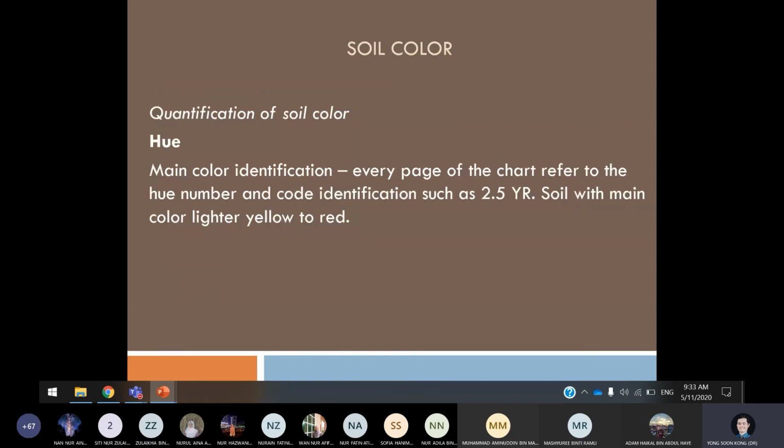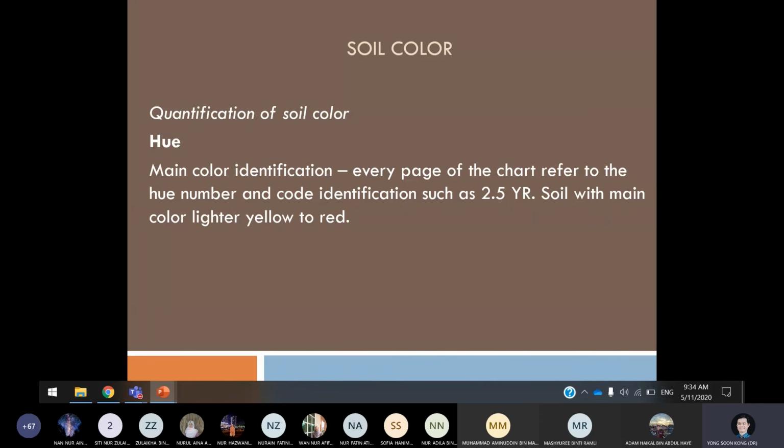So it begins with hue, number one. Hue is the one that differentiates how a color looks. Is it going to be yellowish? Is it going to be bluish? That is the difference that can be made by hue. The hue is usually sitting at the edge of the Munsell color chart.